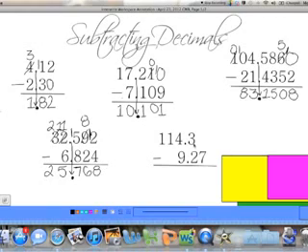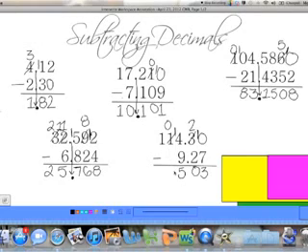Alright, let's look at your other problem. This one we do have to use a 0 placeholder. And since we can't do 0 minus 7, we have to borrow. 10 minus 7 is 3. 2 minus 2 is 0. We cannot do 4 minus 9, so we'll borrow again. 14 minus 9 is 5.